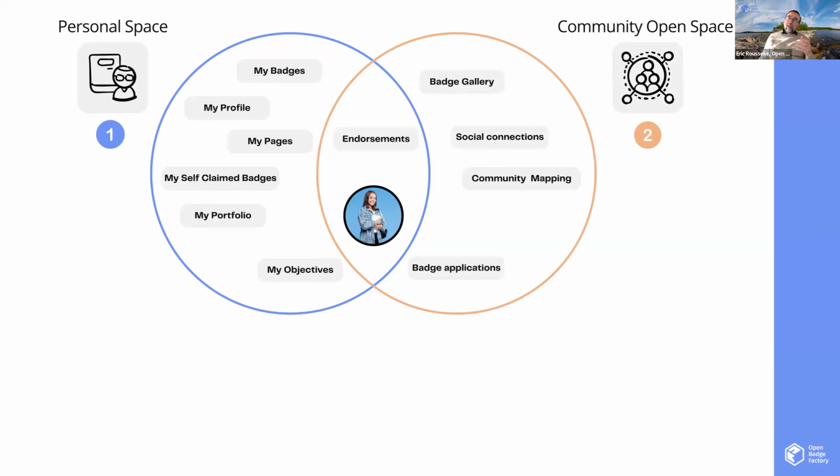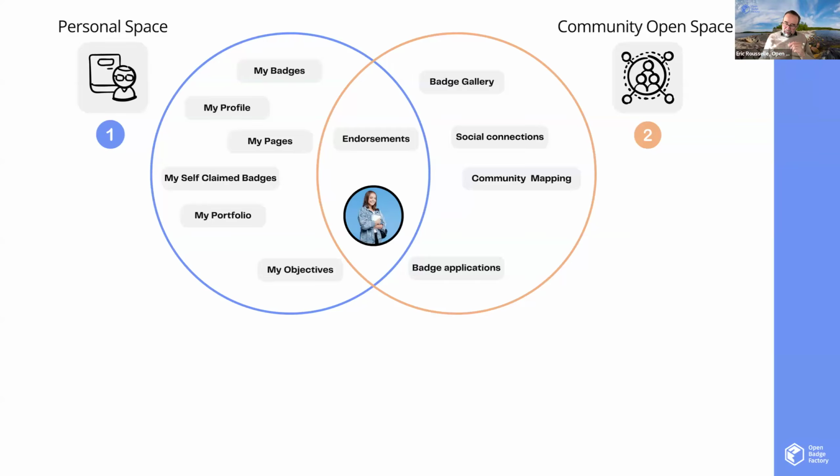In this community dimension, we make it possible for badge recipients to endorse each other, to recognize each other, but also to display and show what they have got, and to display what we call badge applications that can be earned by the community. So this is the community level.